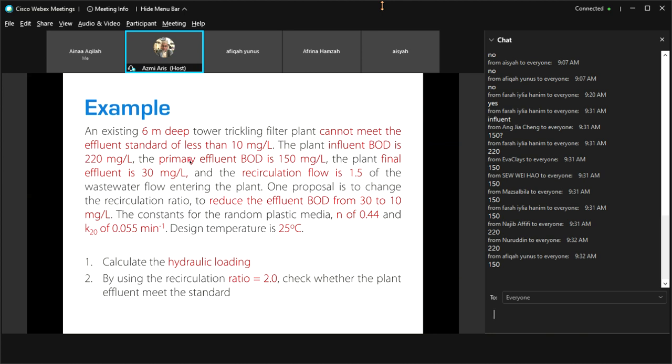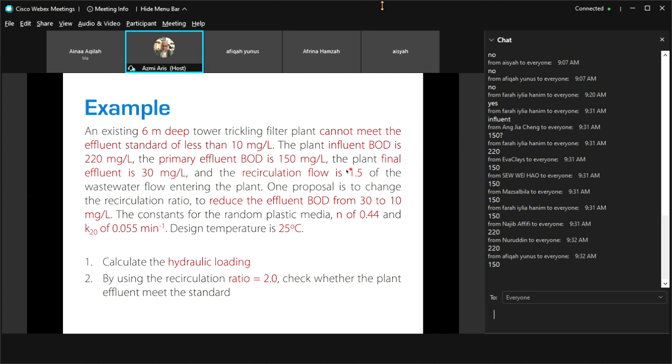So in this case, the influent BOD is 150. So this is LE, the BOD effluent, not 10, because 10 is not achievable at the moment. The current effluent is 30 milligram per liter. This is the recirculation flow. The recirculation flow is 1.5 of the wastewater flow.